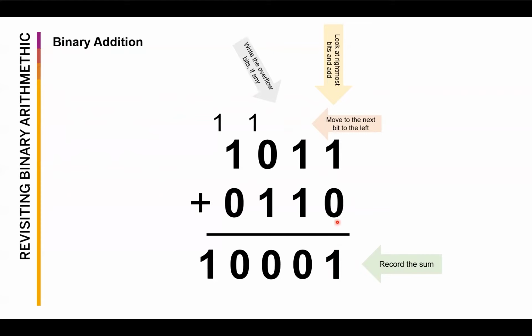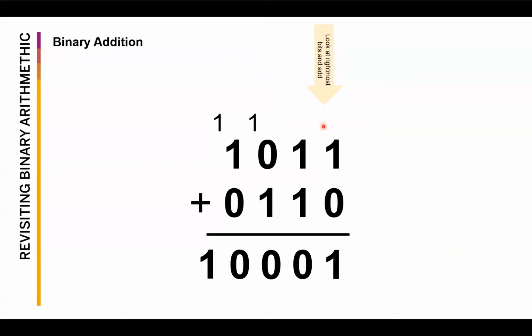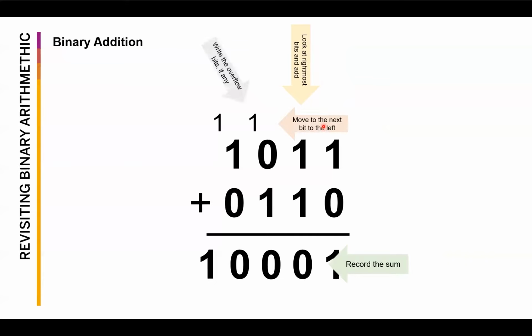But in that case, you can still overwrite or write the overflow bit 0, just to be formal with the rest of the bits. So we add 0 and then proceed with the same calculation. Look at those bits, record the sum, move to the next bit to the left, and write the overflow bits, if any. So far so good. Wala namang question.